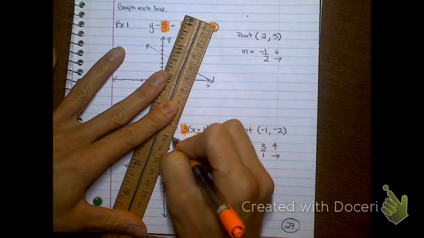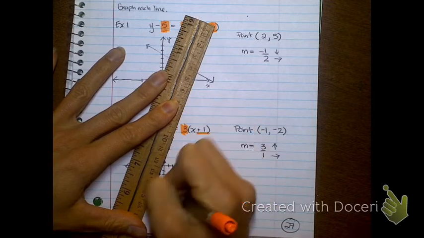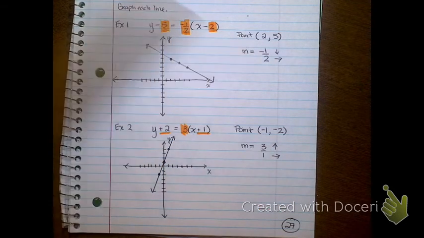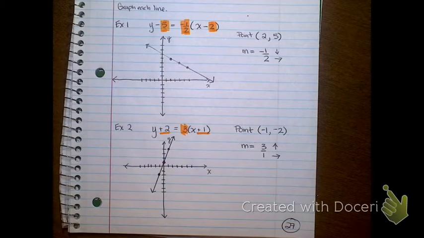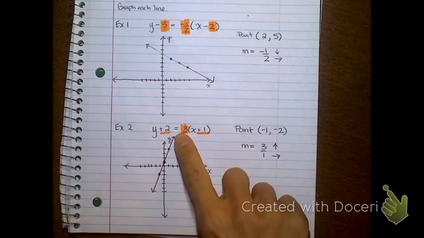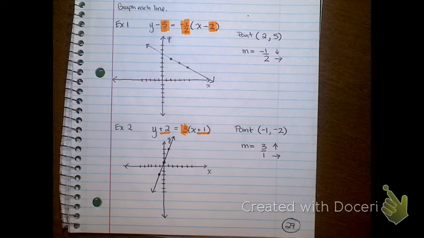I want you guys on the homework tonight to try to get at least 2 or 3 points together to connect. And there's the line. So we graphed our point, and then we used the slope to get a couple more points, and then we connected. Are there questions on what we did?